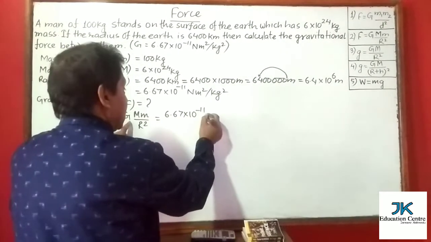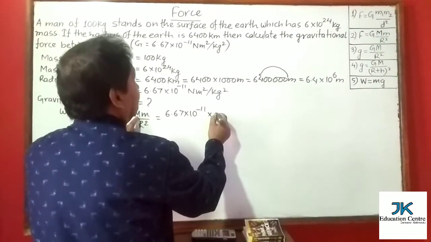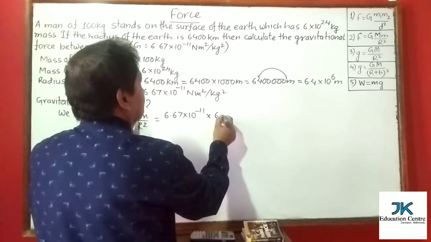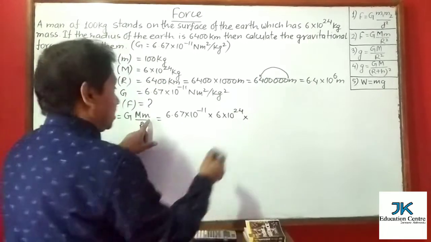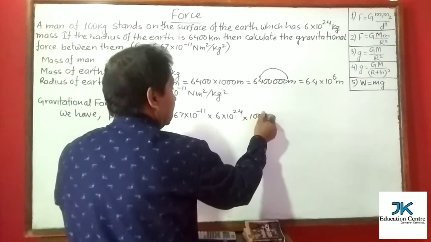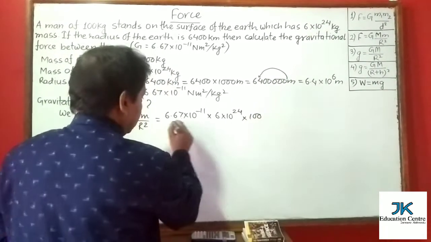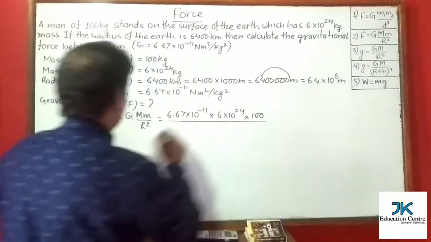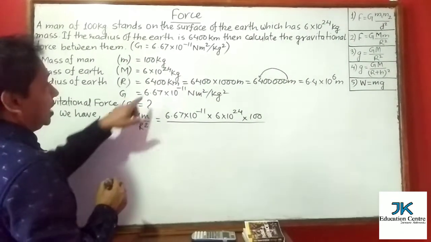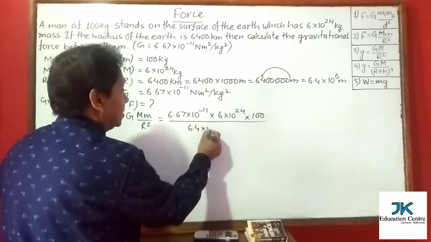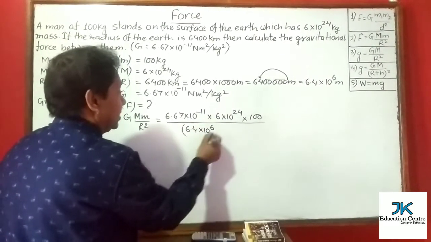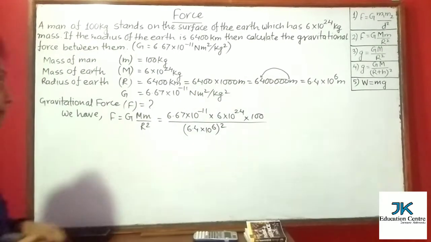I am not writing the unit at this time. Capital M, its value is 6 into 10 to the power 24, and small m, its value is 100, and R, how much is R? 6.4 into 10 to the power 6, and R square means this is squared.